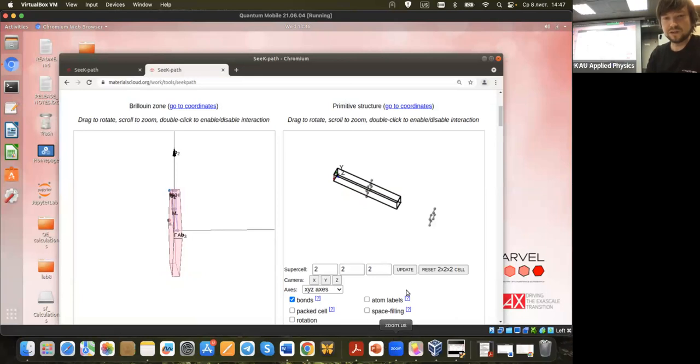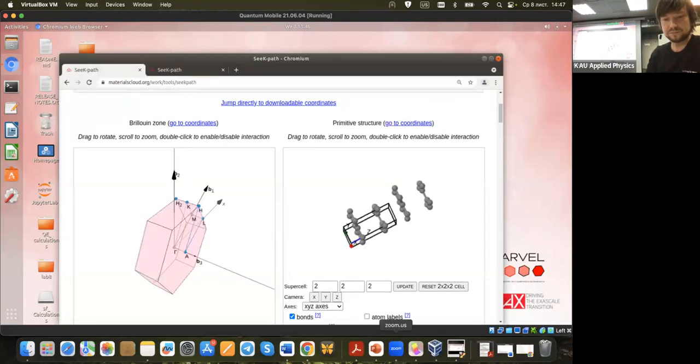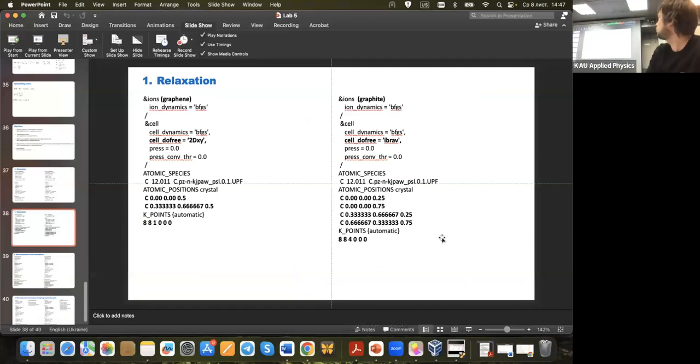And why do we use here 8 k-points and here 4 k-points for graphite? Because vector A in graphite is almost 2 times smaller than vector C in graphite. That's why in reciprocal space this direction will be 2 times higher, and this will be 2 times lower.